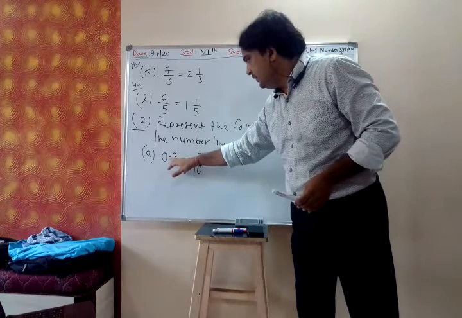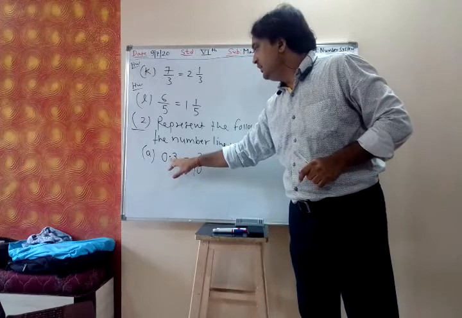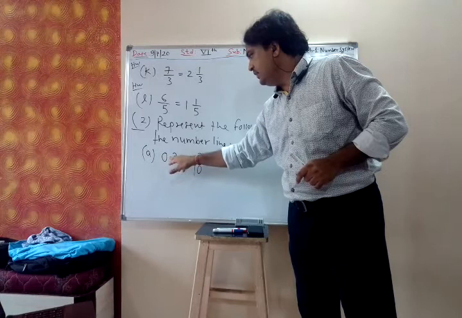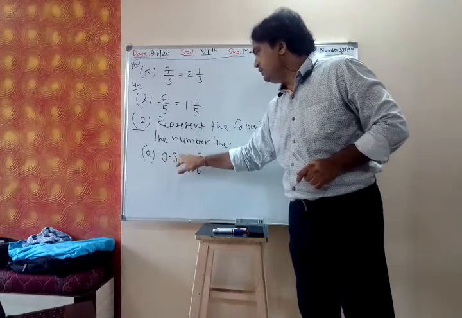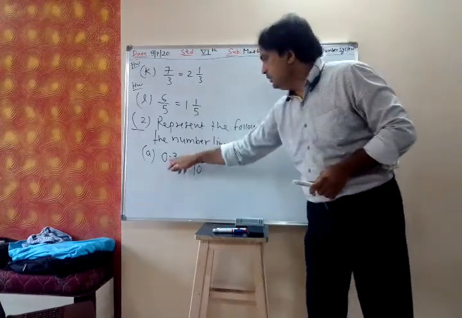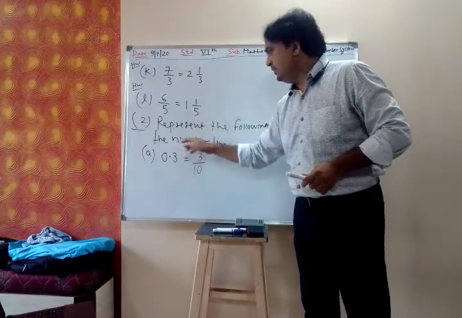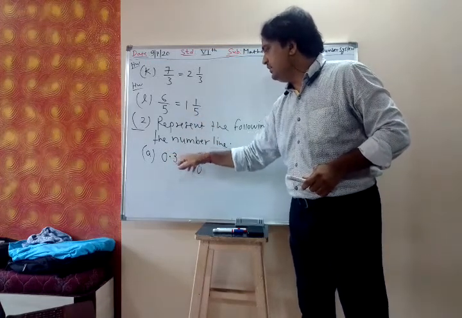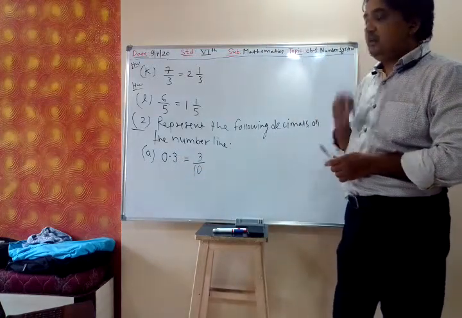Because after decimal, how many digits are there? 1 digit. So when I remove this decimal, in denominator I will write 10. After decimal 1 digit, when you remove the decimal, denominator will be 10. After decimal 2 digits, denominator will be 100. After decimal 3 digits, denominator will be 1000. So 0.3 is the same as 3 upon 10.